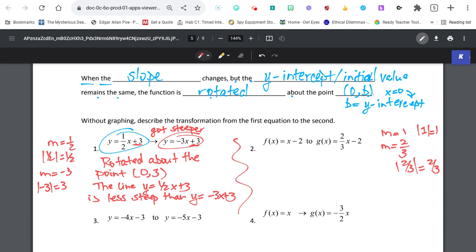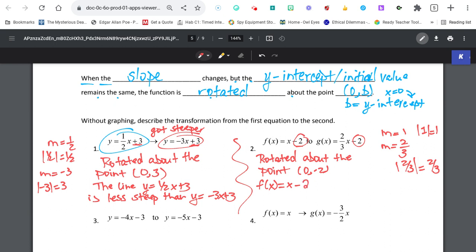All right, so when the slope changes but the y-intercept stays the same, we know it's a rotation about the y-intercept, so it's rotated about the fixed point 0, -2, rotated about that y-intercept.